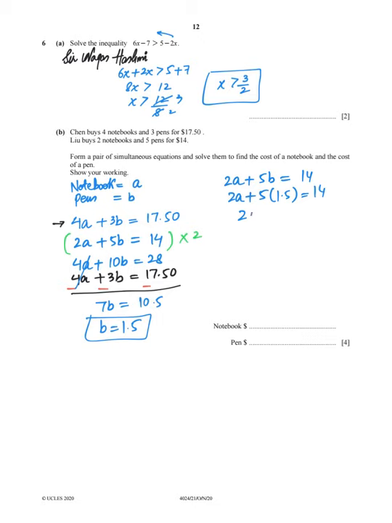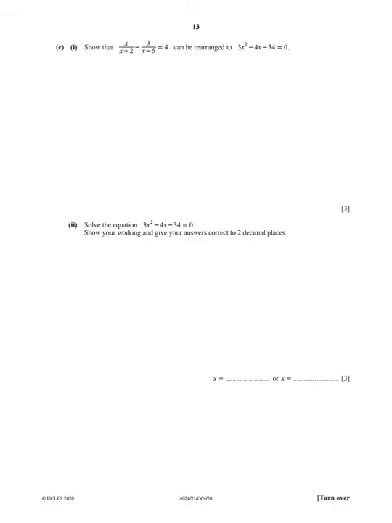So now it will be 2A plus 7.5 equals 14. 2A equals 14 minus 7.5, that is equal to 6.5, and 6.5 divided by 2 is 3.25, so A equals 3.25. So A is notebook, and notebook price is 3.25, and pen price is 1.5. That is your answer.